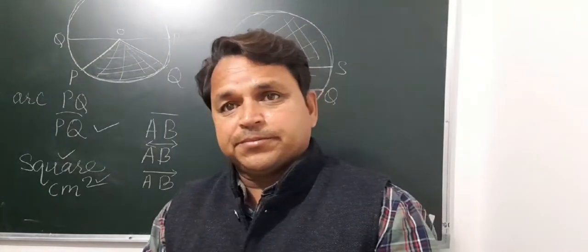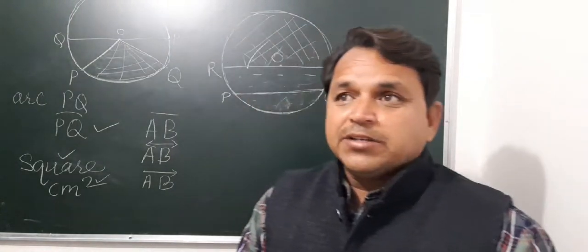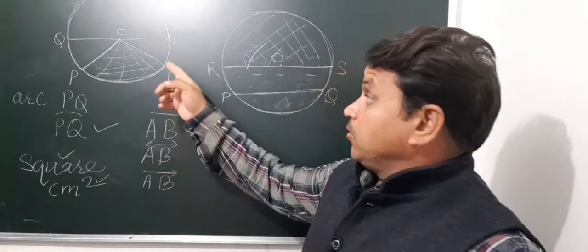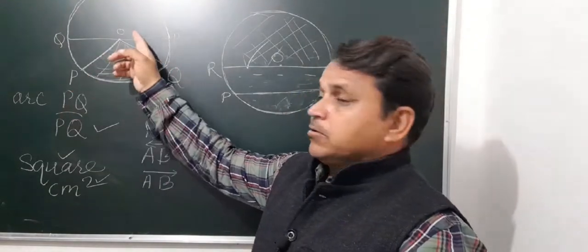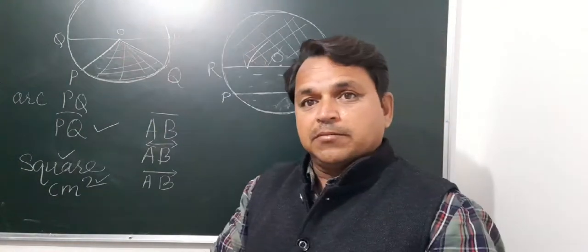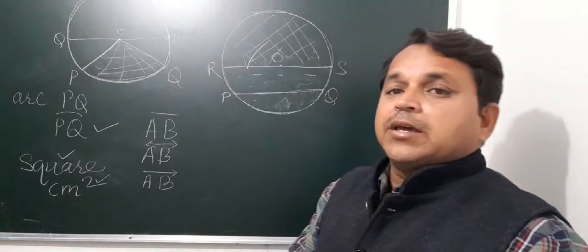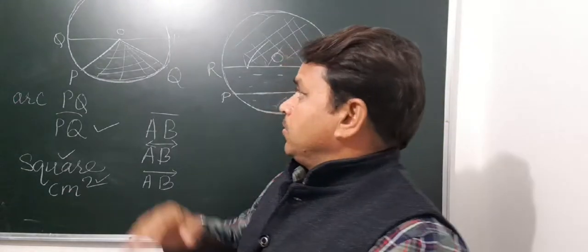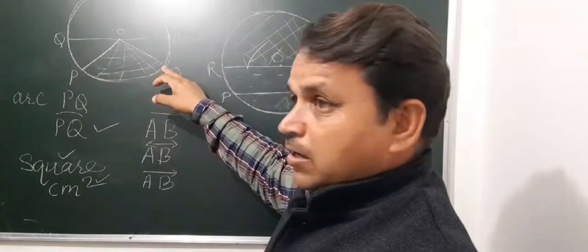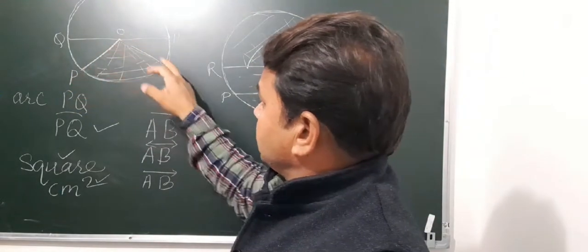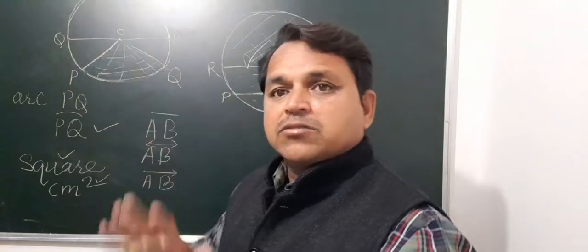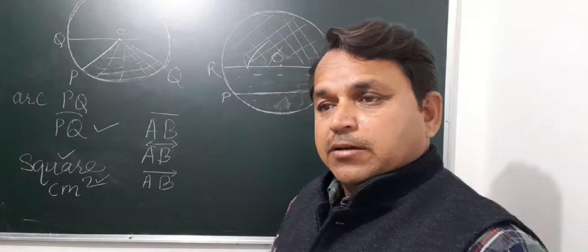You can say the region between an arc and the two radii joining the endpoints of the arc to the center of the circle is known as a sector. The region which is between an arc and two radii which join the endpoints to the center of the circle is known as a sector.